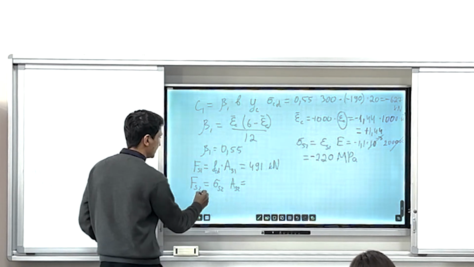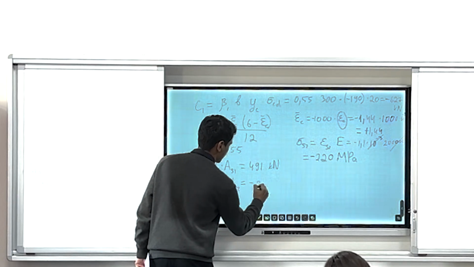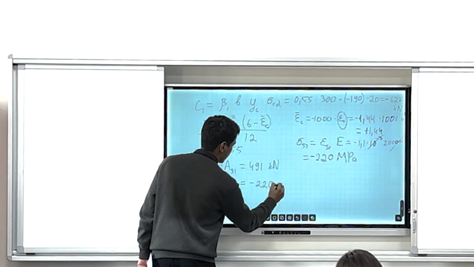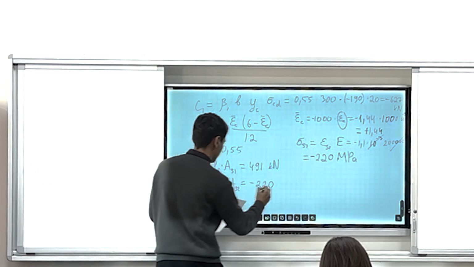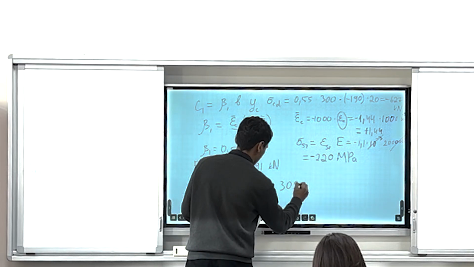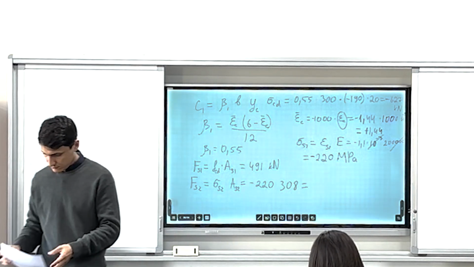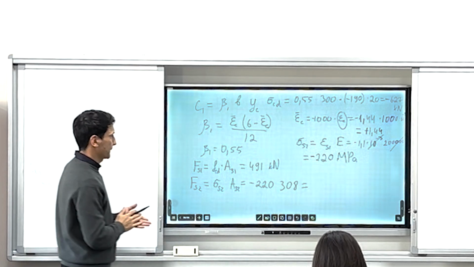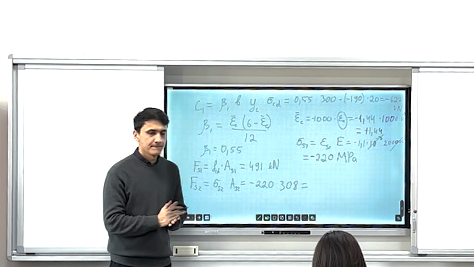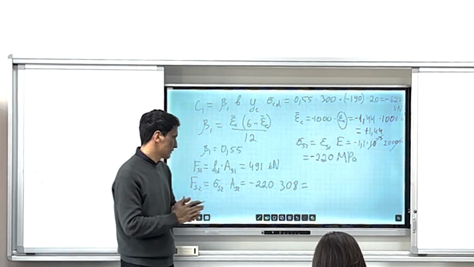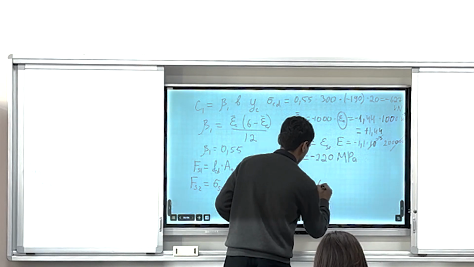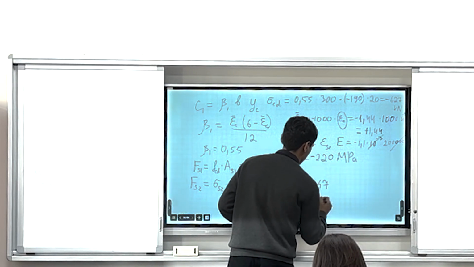Now I can find FS2, which will be minus 220 multiplied by AS2. AS2 is 308. So please tell me the number. It means 67,700.